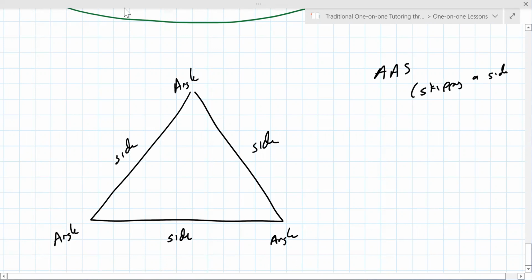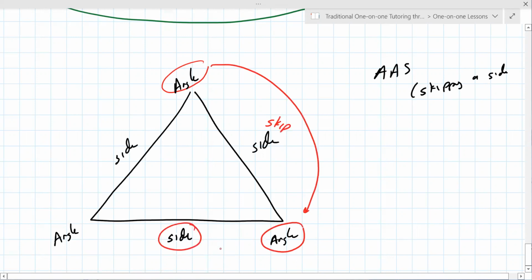So I'll try to show that here. Let's say you start at the top. You have an angle. You skip the side. You go down to the other angle, and then you use that side. So you skip the side between the angles.